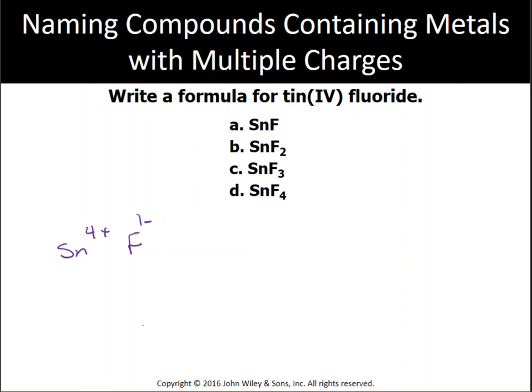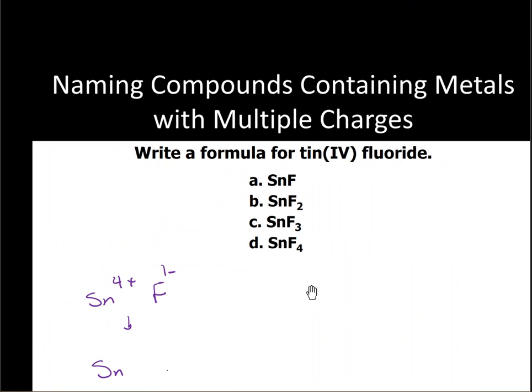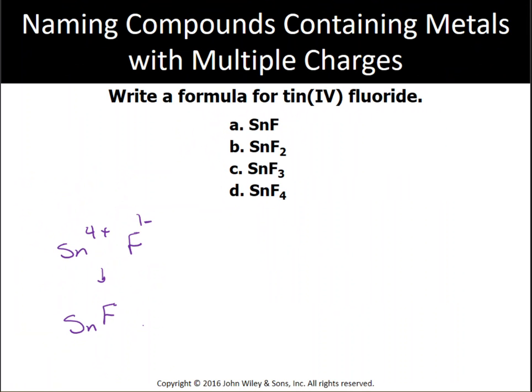Now, to write the formula, you first write the cation and then the anion. In order for the charge to be balanced, you're going to need to have 4 fluoride here. Now, to double check, tin is plus 4.